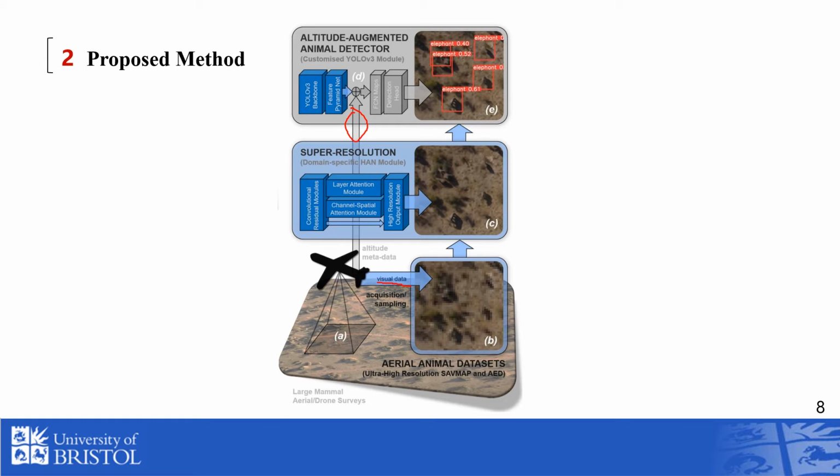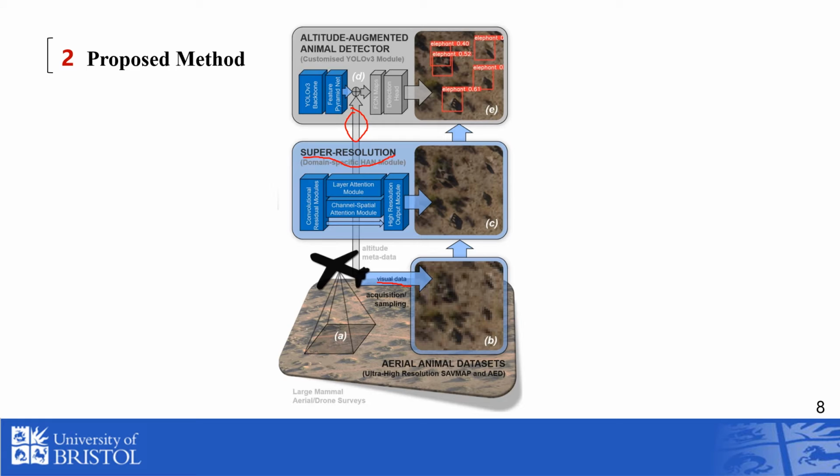In part C, we use the low resolution images and original resolution images to train a domain-trained super resolution network, and this network is used to enlarge the image. More specifically, we use the HAN super resolution method, and I will introduce more details about it later.